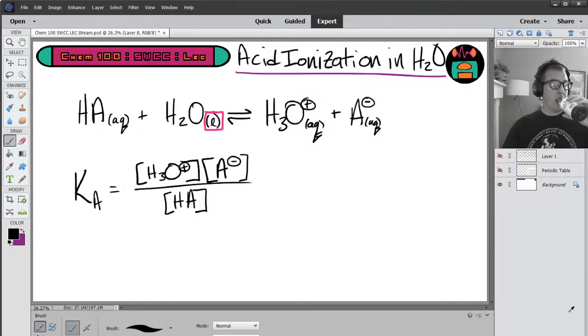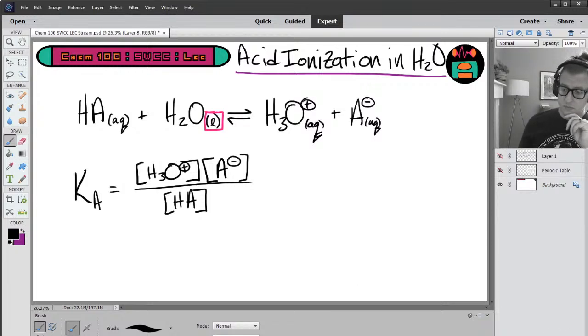All right, now, everything that we learned about equilibrium constants applies here.